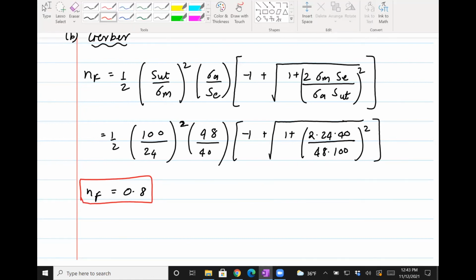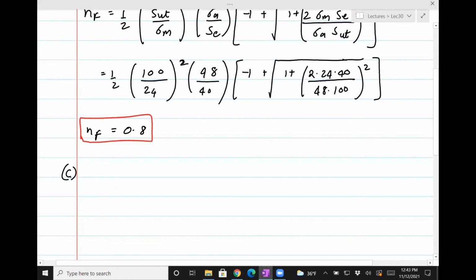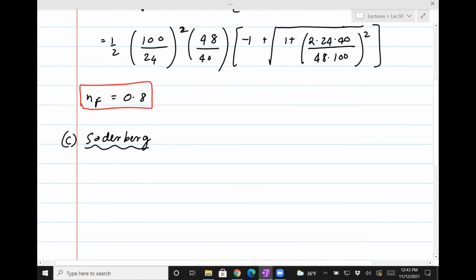Okay, the next are kind of easy. Let's do the Soderberg. That's simply nf equals the inverse of sigma a divided by Se plus sigma m divided by Sy.